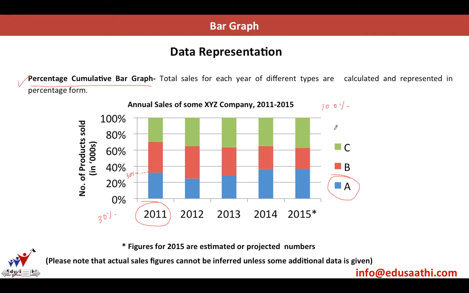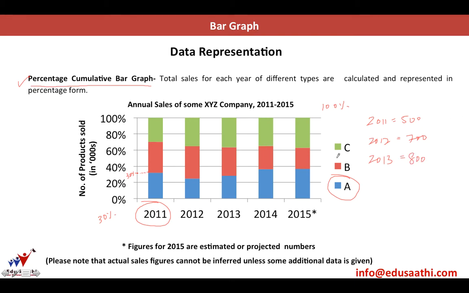Now in this kind of question, you'll be given the total units sold in a particular year. For example, in 2011, they tell you that a total of 500,000 products were sold. In 2012, a total of 700,000 products were sold, and in 2013, let's say 800,000.